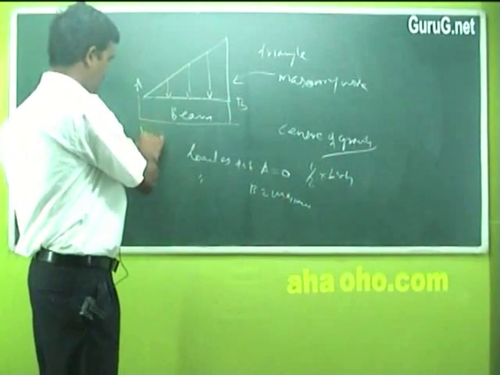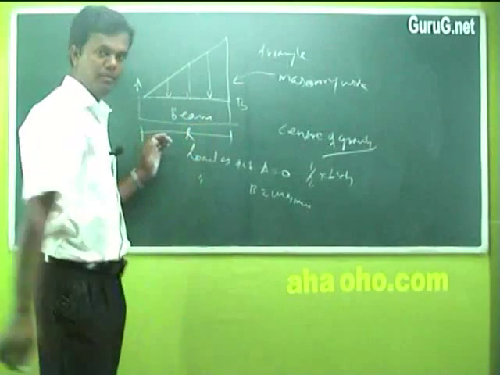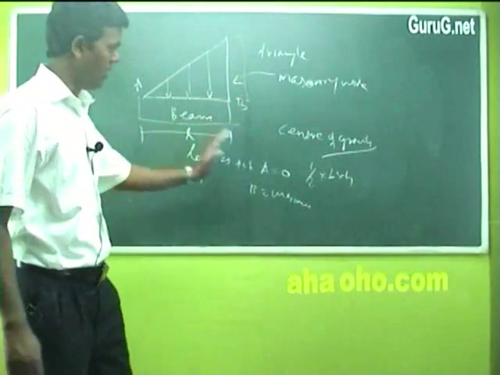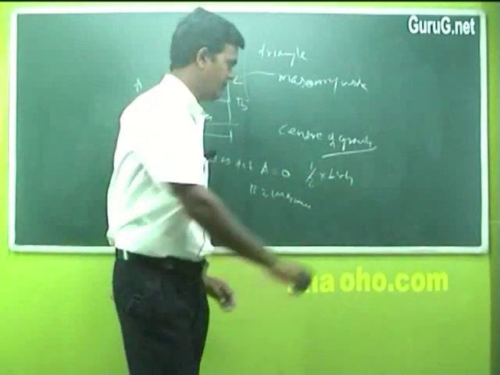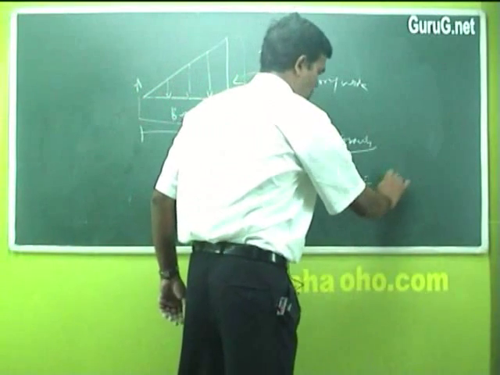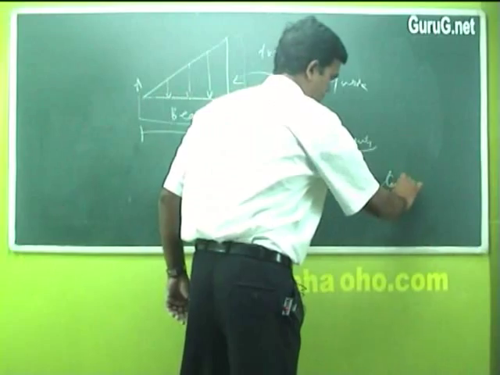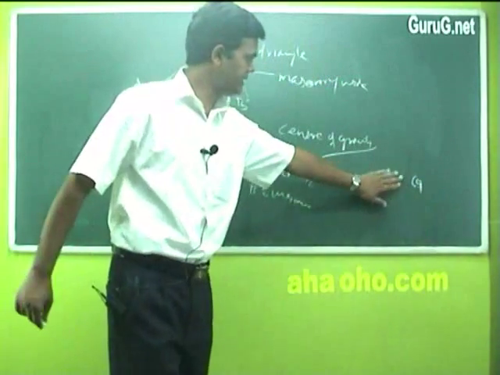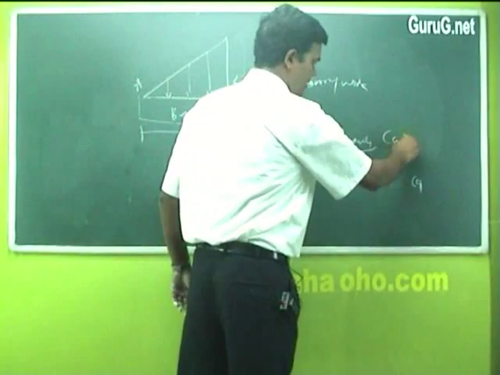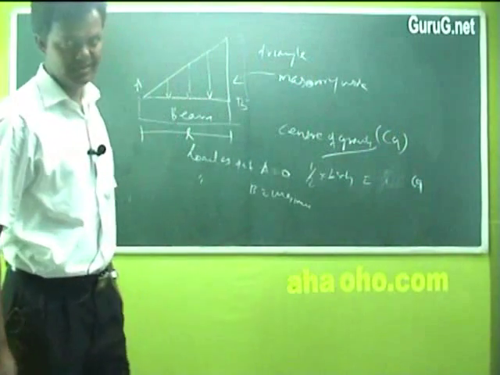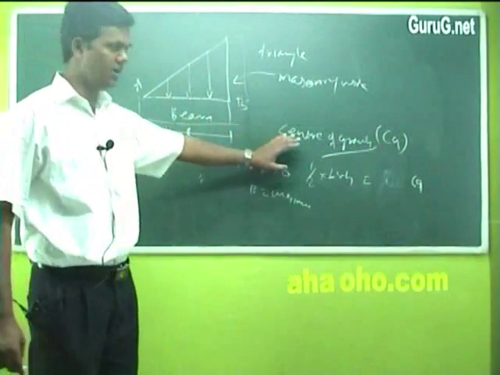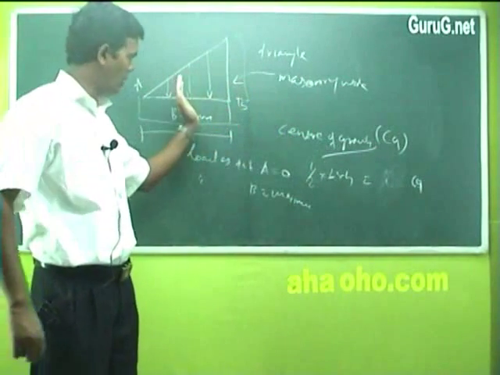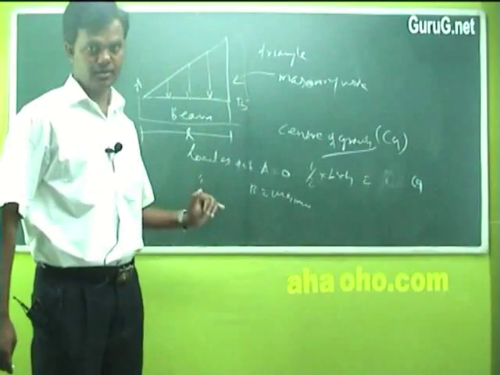If I take this as the length L of the beam and this as my breadth, some value, then half into breadth into height will give the load, and we find the center of gravity, which I will write as CG. The center of gravity is denoted by CG for short. Then we have to decide at what distance the particular load is acting.